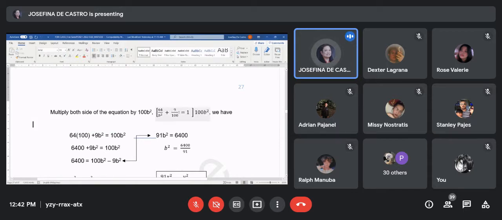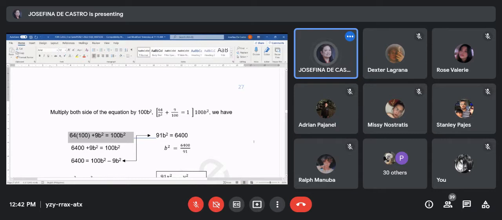Pagka naman si 9 over 100, minultiply natin ng LCD 100b squared, makakancel si 100 at ang may iwan si b squared multiplied to 9. Ito po yun. And then si 1, both side of the equation, ha? Si 1, imumultiply ng 100b squared is equal to 100b squared. So wala ka na ngayon denominator.